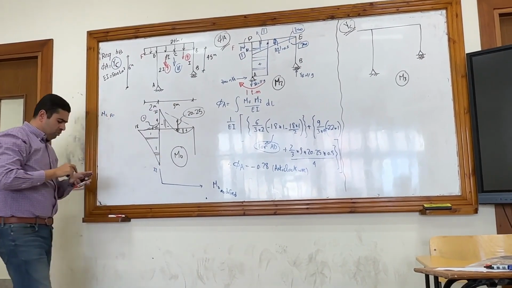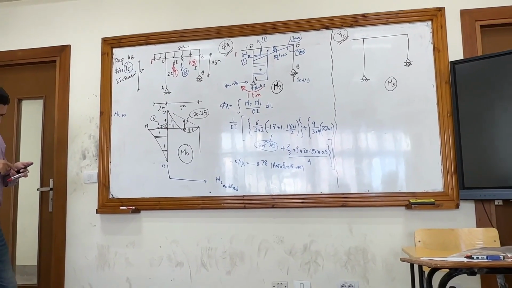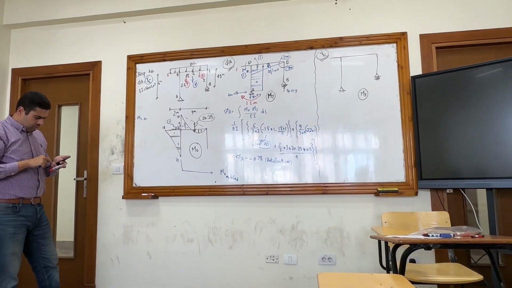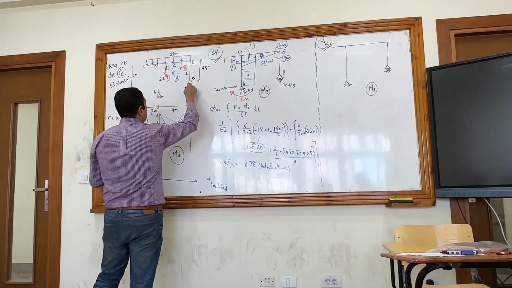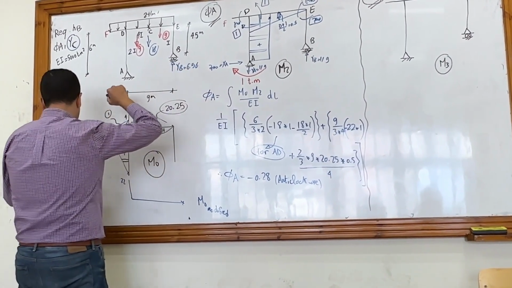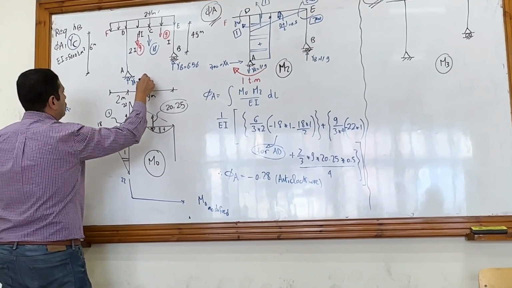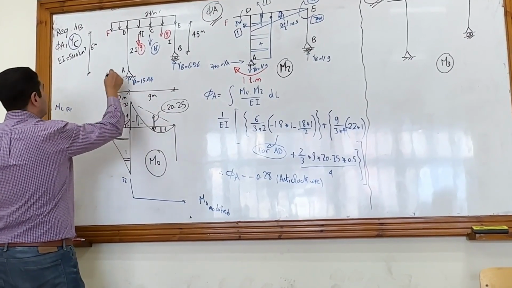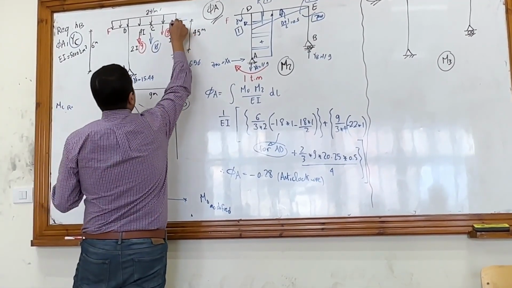Can anyone tell me what the reactions were last time? Reactions for M node. Yeah, this was 6.56. YD was 6.56. And YA was 15.44, and XA was equal to 3, and there was 3 here.